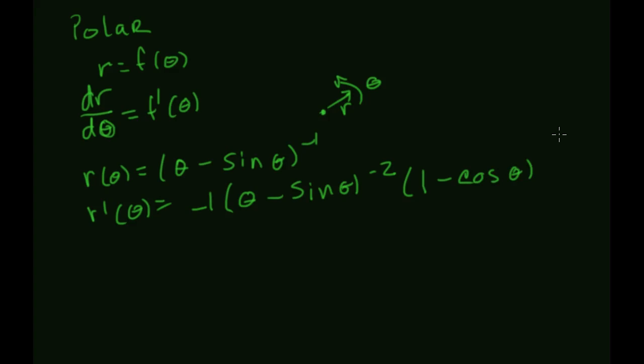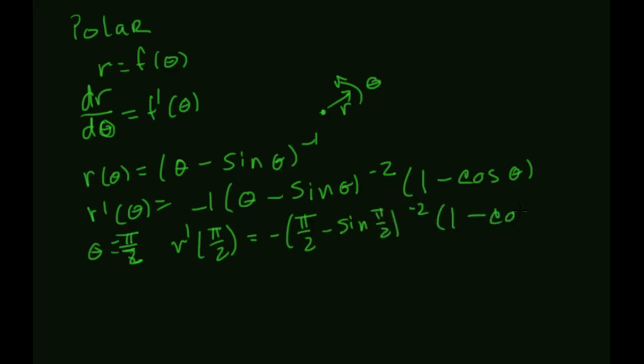Okay, so let's say I'm now at straight up and down. So theta is going to be pi over 2. So if I'm at theta equals pi over 2, then r prime of pi over 2 is going to be negative pi over 2 minus sine of pi over 2 to the -2 times 1 minus cosine of pi over 2.